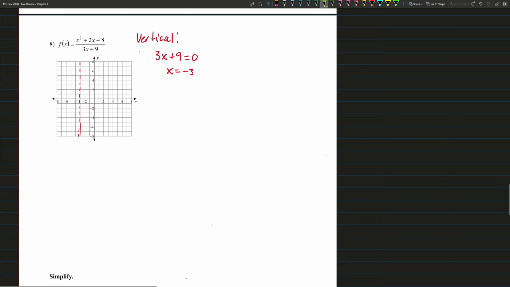And then we check for horizontal. Okay, n in this case is 2. That's the degree of the numerator. M in this case is 1. 2 is greater than 1, so there's no horizontal.